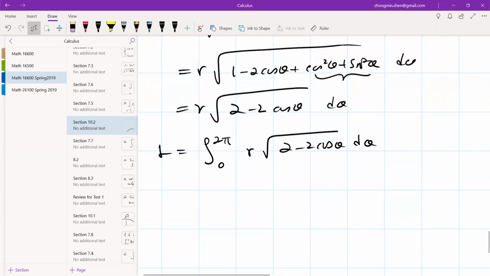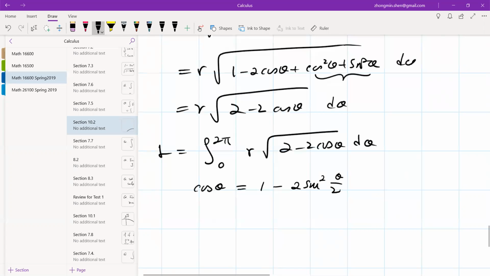We know that cosine theta, using double angles, is going to be 1 minus 2 sine squared of half the angle.